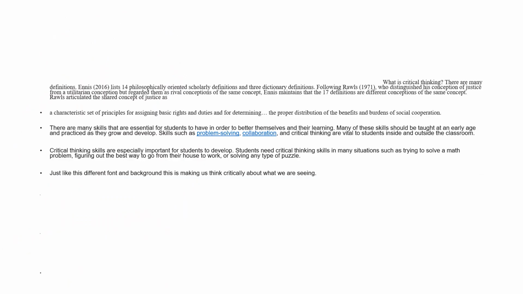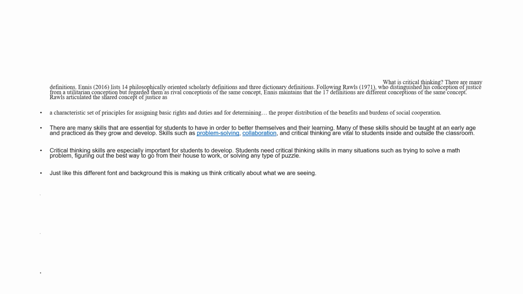Ennis, in 2016, listed 14 philosophically oriented scholarly definitions and 3 dictionary definitions, following Rawls, who in 1971 distinguished his conception of justice from a utilitarian conception, but regarded them as rival conceptions of the same concept.